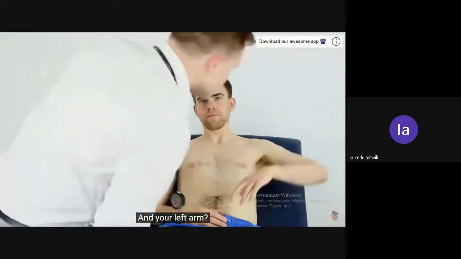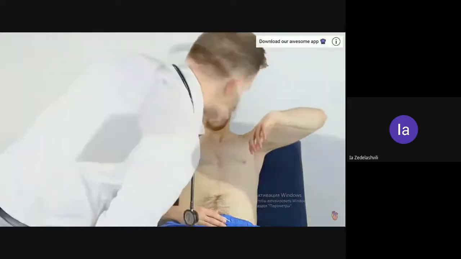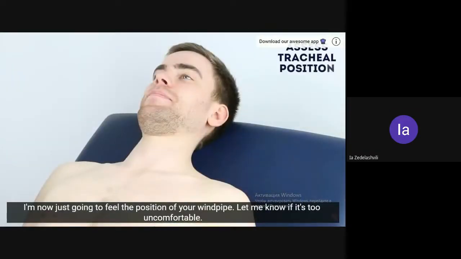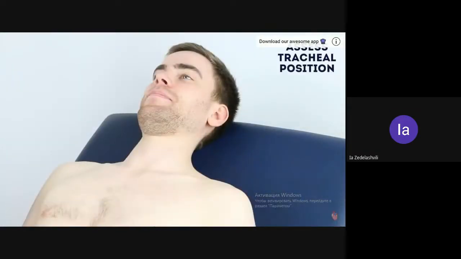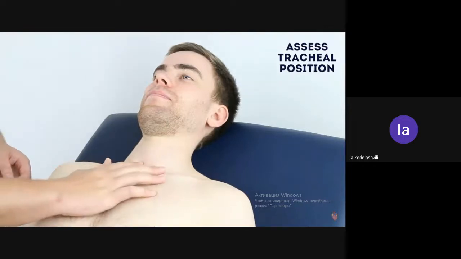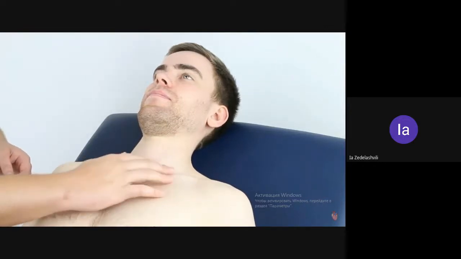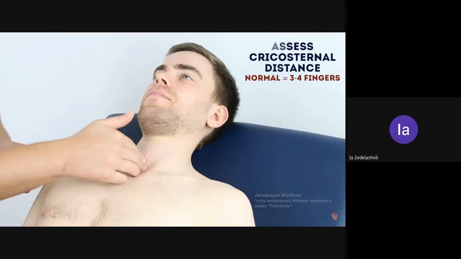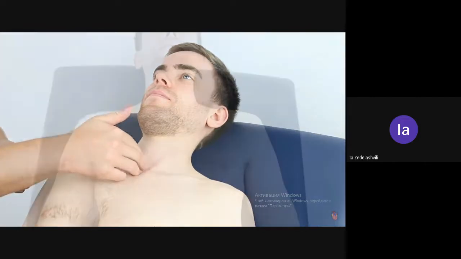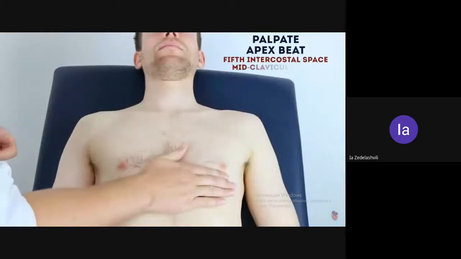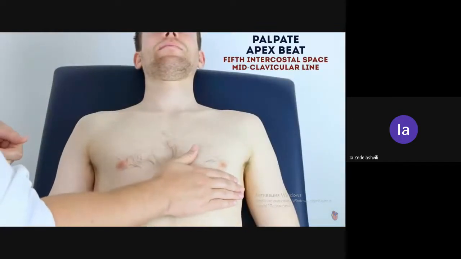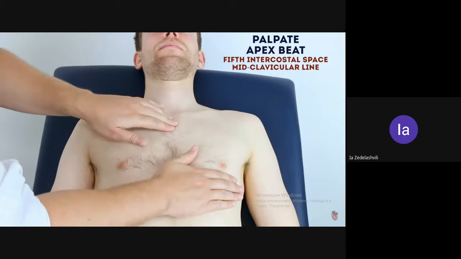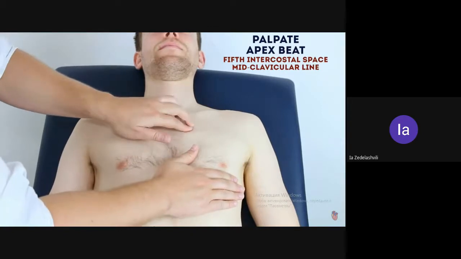So sometimes patients forget about some surgeries that has been done. Yes. I'm just going to feel the position of your windpipe. Then trachea, is it in the middle? And nodules nearby. Palpate. Heart beating, apex of the heart as well. You remember we do it?